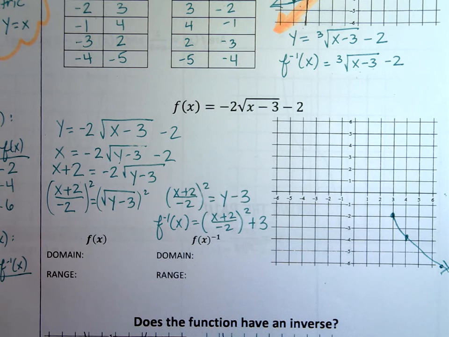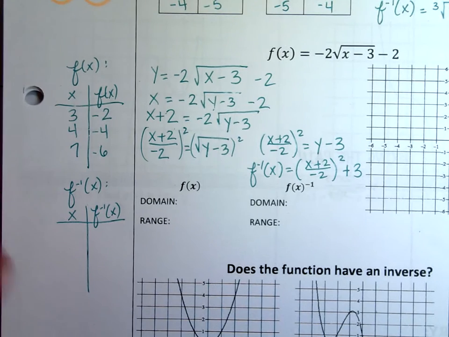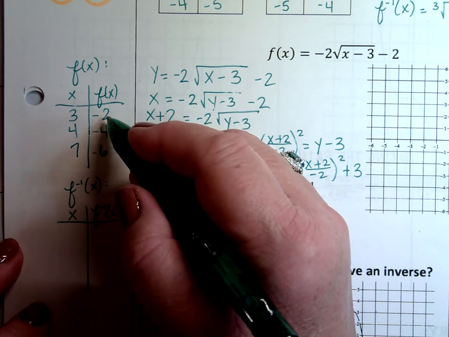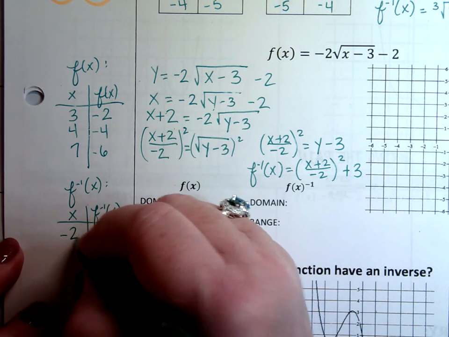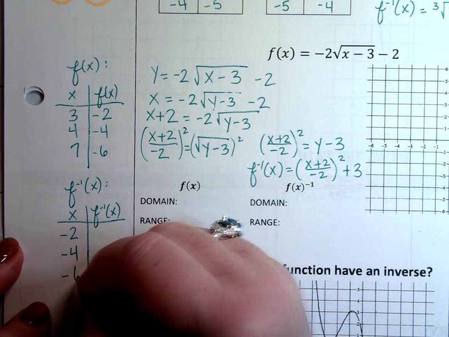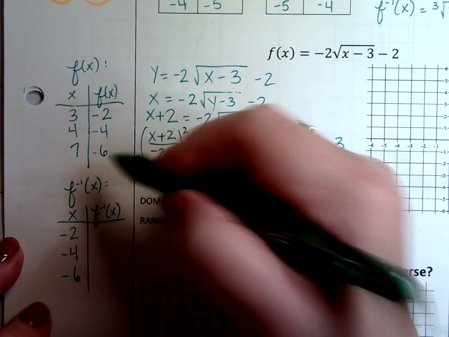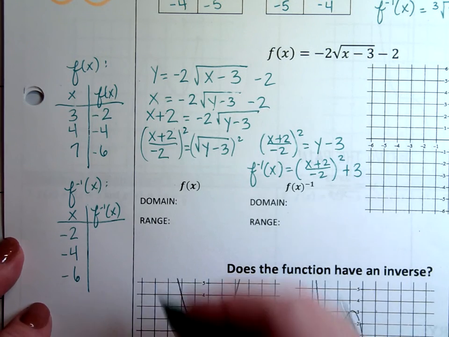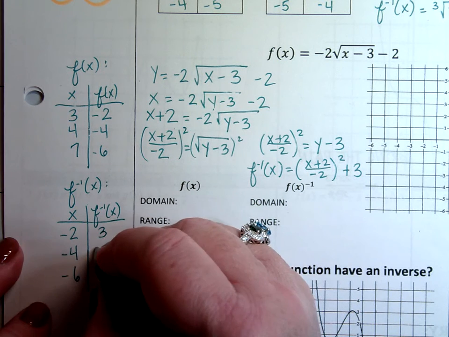All right, if I go to graph the inverse for this one, all I need to do is the switcheroony of my columns, right? We talked about that back in the last problem. So now my x's become negative 2, negative 4, negative 6, what my y's were. And my y's become 3, 4, and 7.